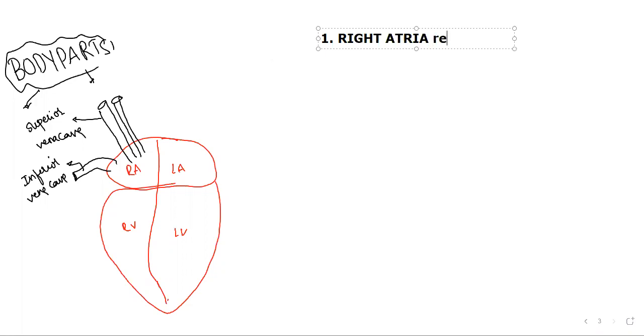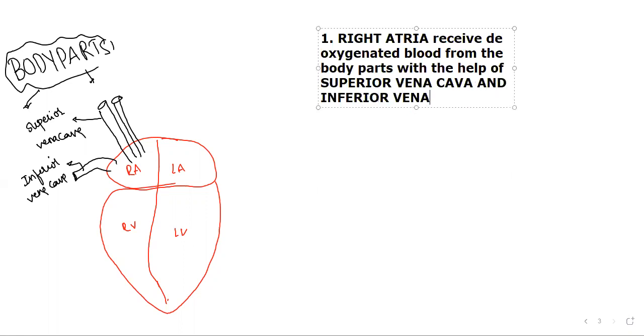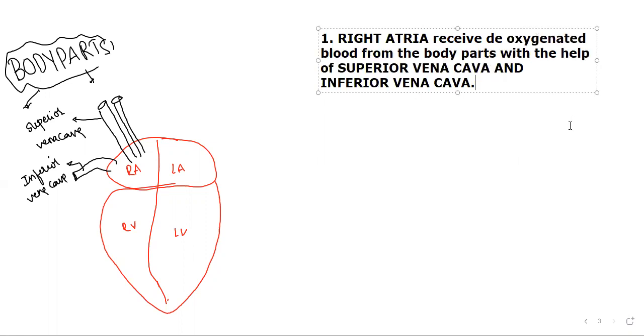Right atria receive, very important, receive or collect, deoxygenated blood from the body parts with the help of superior vena cava, or two precaval veins, inferior vena cava and superior vena cava. Right atria receive deoxygenated blood from the body parts with the help of superior vena cava and inferior vena cava.